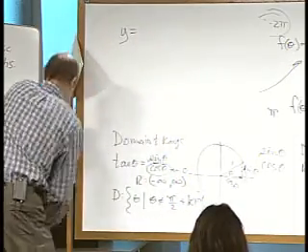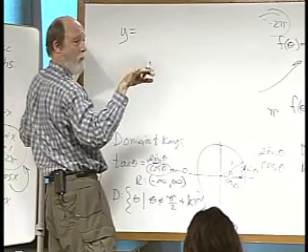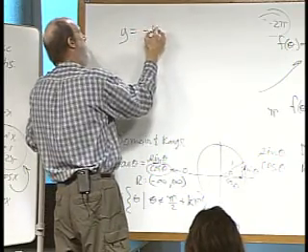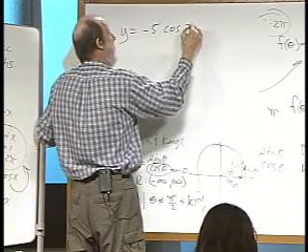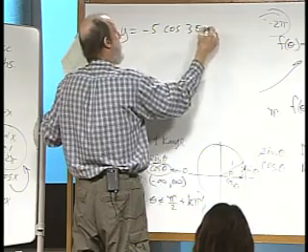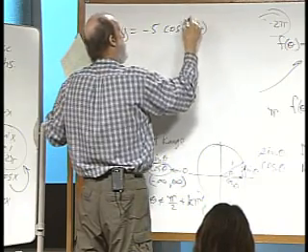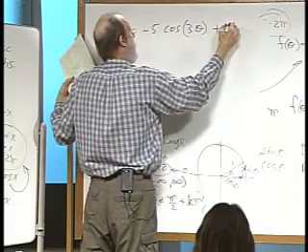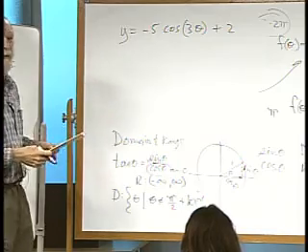I'm going to keep it relatively simple because there's actually a separation in another section of the book where it gets a little more involved. But let's say I have y = -5 cosine of 3 theta plus 2. Transformations.